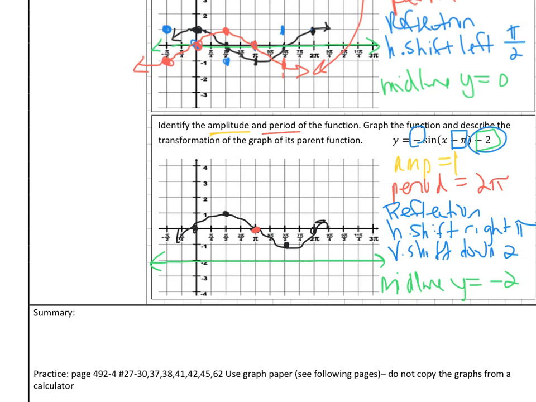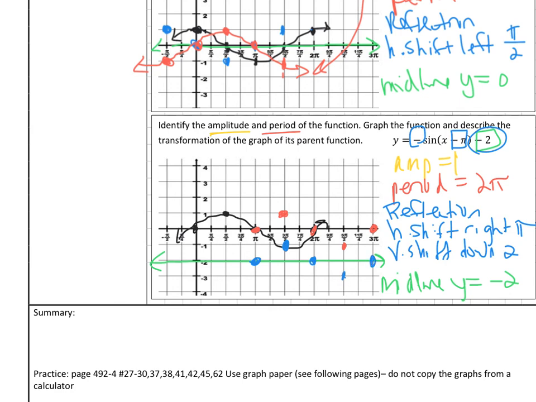So that's 4 spaces on this graph. So there's all of our 5 points. Each one's been shifted right pi. And now we're going to shift down to get to our midline. So all the points that were on the x-axis should shift down to the midline.